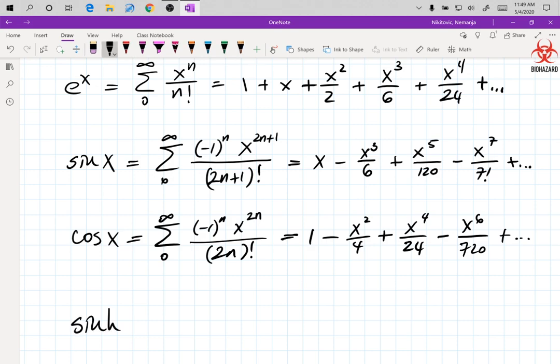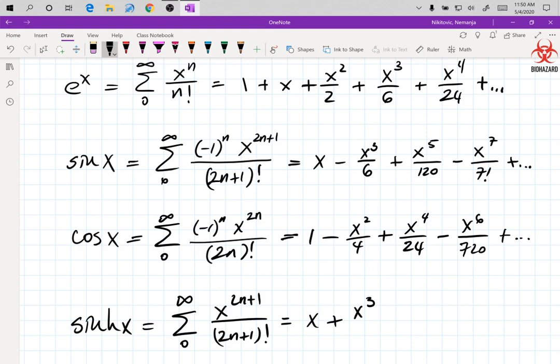So sine hyperbolic x is the power series of x to the 2n plus 1 over 2n plus 1 factorial. So you just take out the alternation. And the power series is just x plus x cubed over 6 plus x to the 5 over 120 plus x to the 7 over 7 factorial plus dot dot dot.